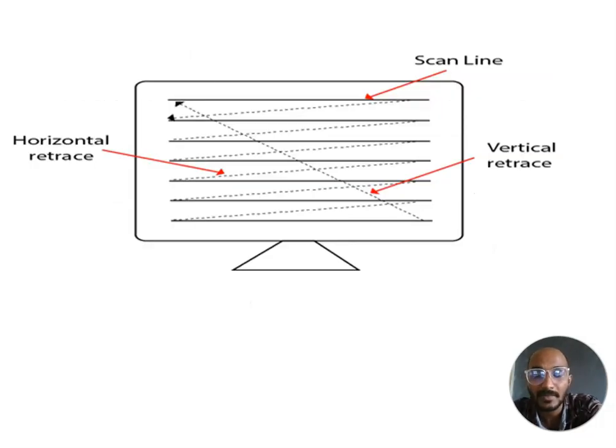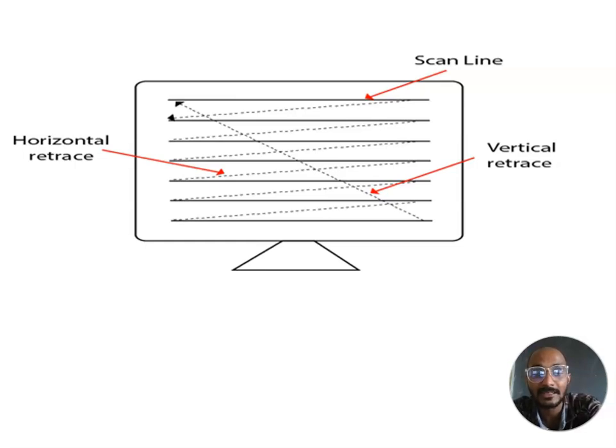So what happened here? Some horizontal scan lines are there. Now how does it retrace the scan line? It will start from the top left and scan the whole line.